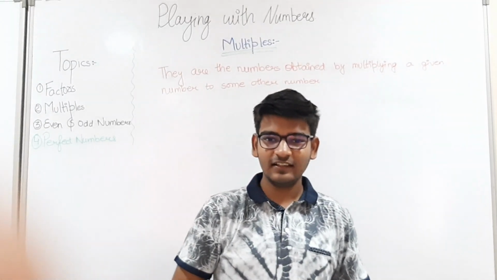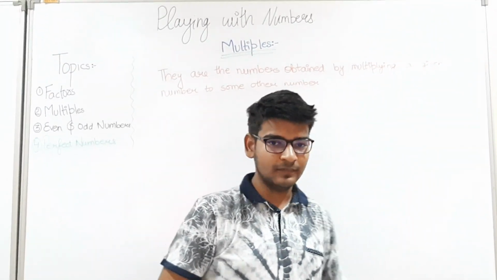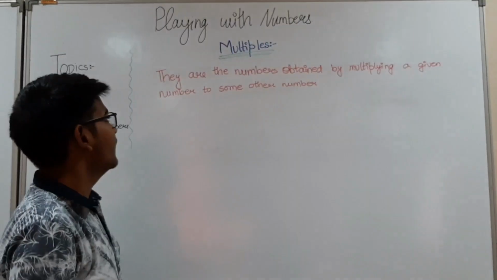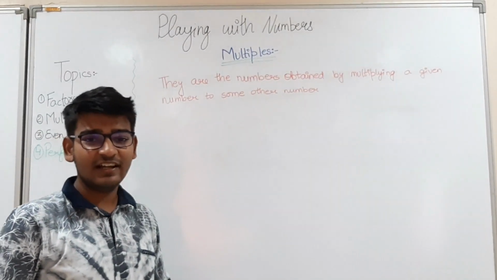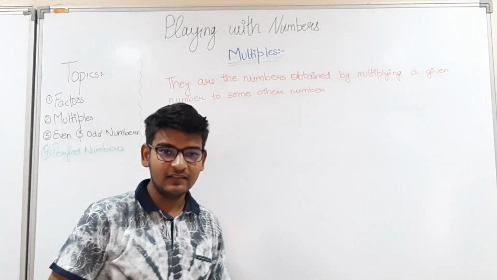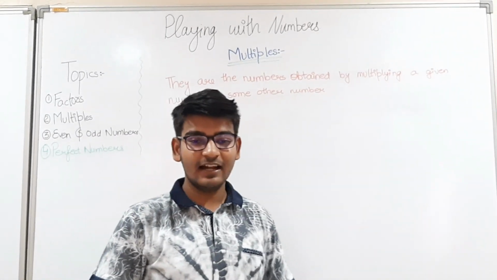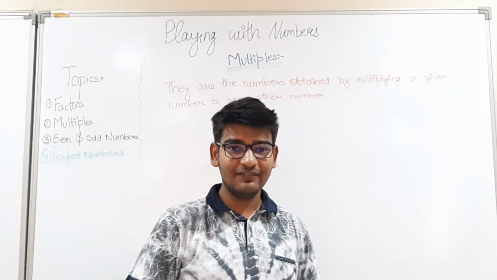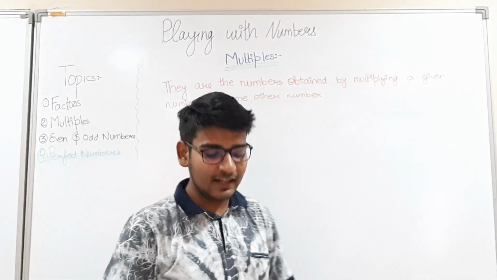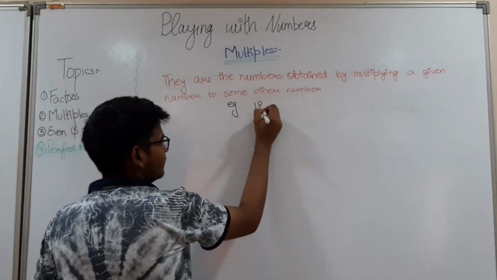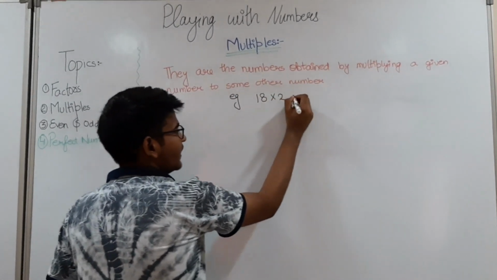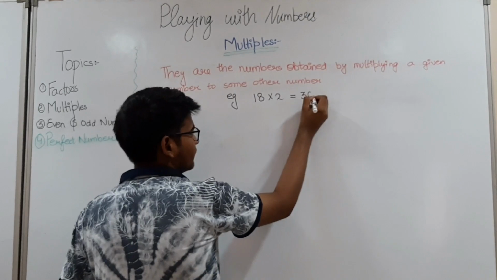So let us start the next topic, that is multiples. As the definition says, multiples are the numbers obtained by multiplying a given number with another number. That means multiples are the result that we get after multiplying a given number with some other number. Let us take an example. 18 into 2 is equal to 36.